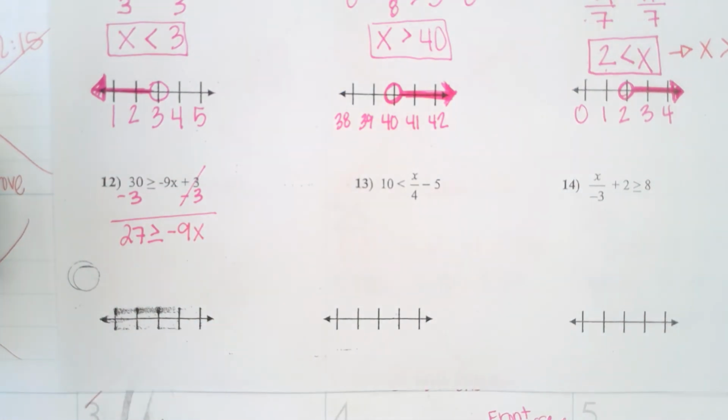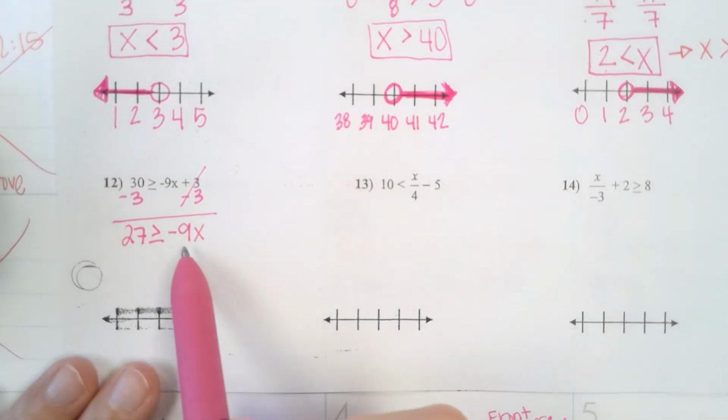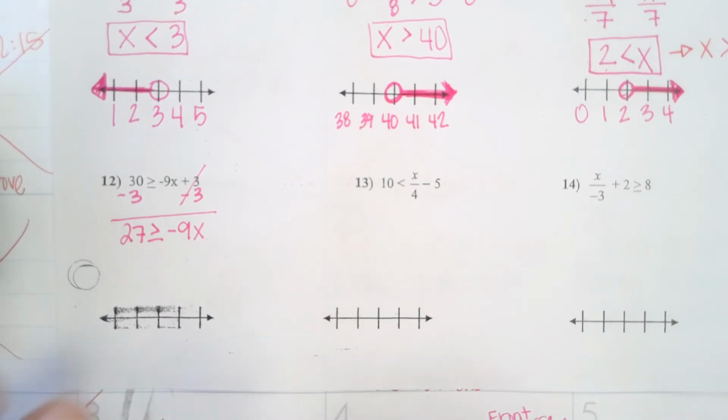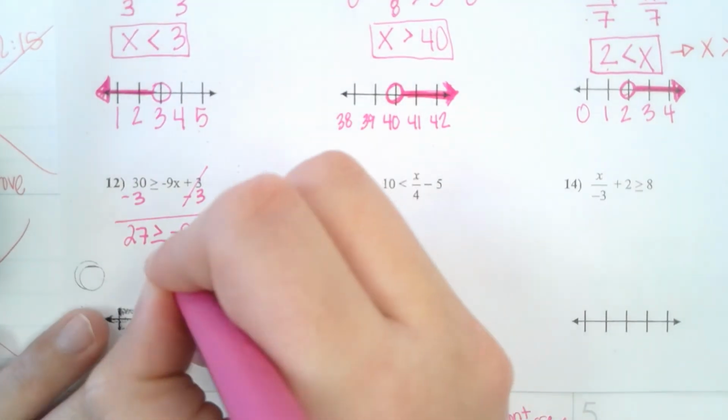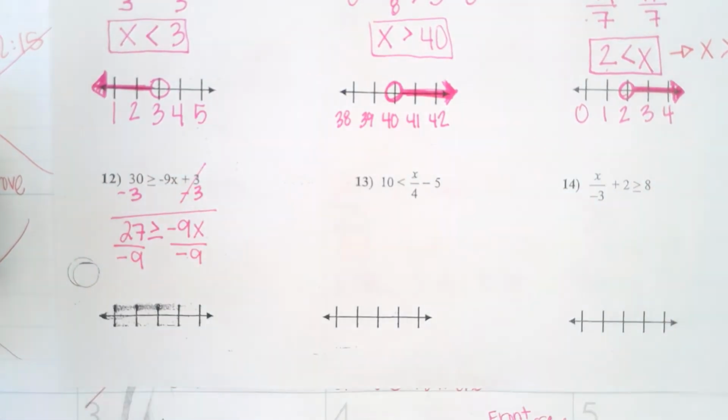And then your last step to get x by itself, you need to get rid of this negative 9. Since the negative 9 and the x are multiplying, the opposite of multiplying is dividing. And as soon as you get here, you need to start realizing, oh, I just divided by a negative, or oh, I just multiplied by a negative.